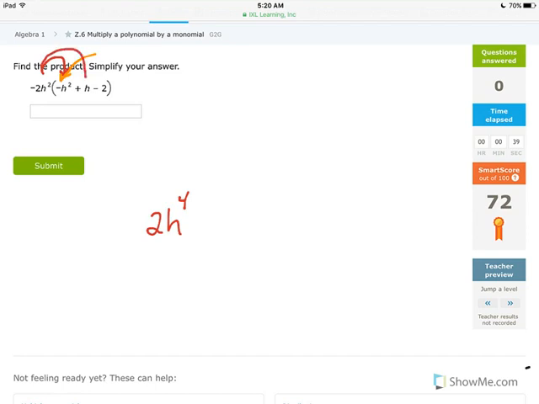And multiply it into the next term, so that's going to get you a negative 2h to the third. And then the last term, negative 2 times the negative 2, that's positive 4. And h squared. And that should be your final answer.